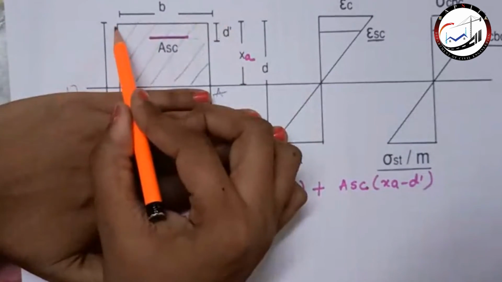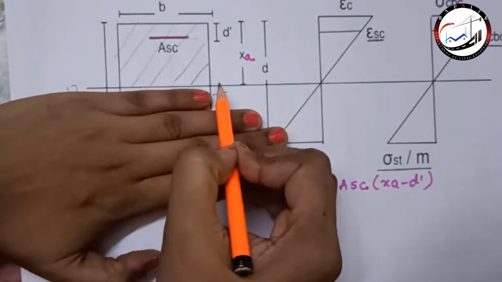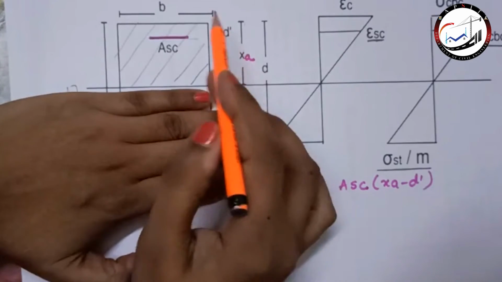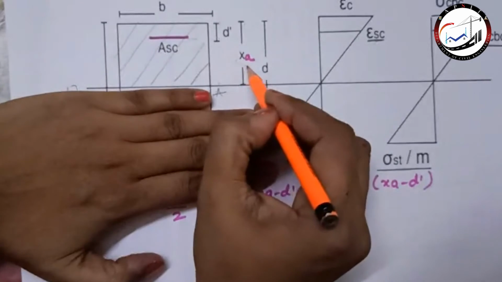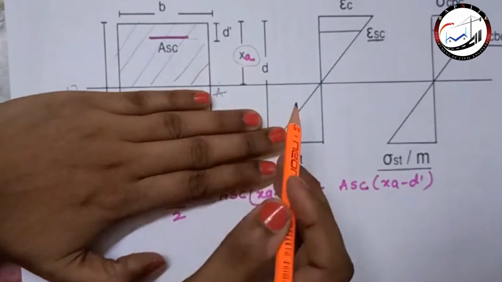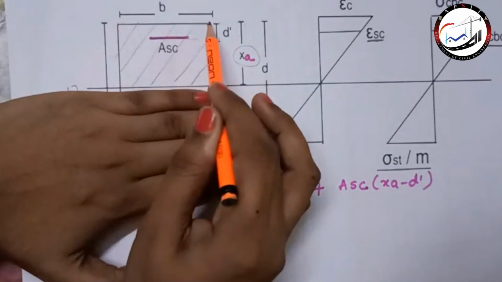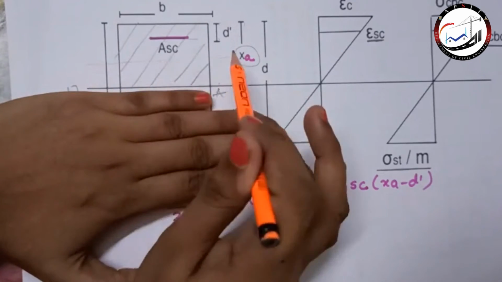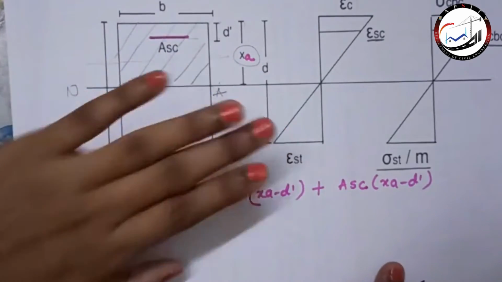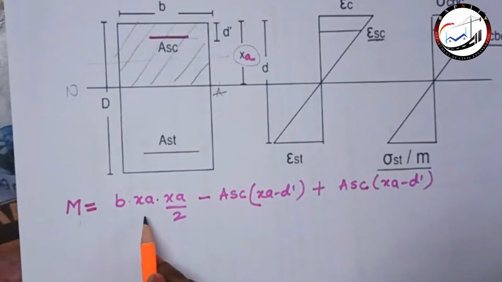So it is B into X. As I am taking the moment, it will be B into X by 2. And we know that we have taken X as XA. So my equation will be B into XA by 2. That is CG of the concrete section. So I have written that B into XA by 2.